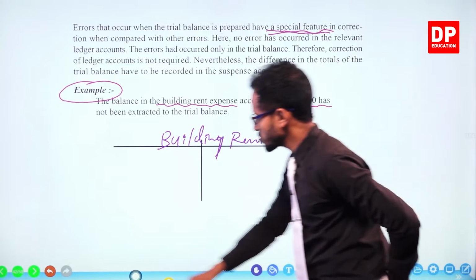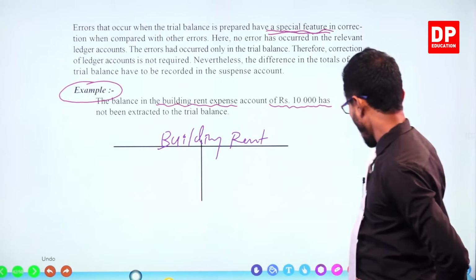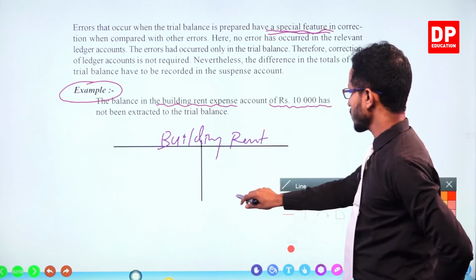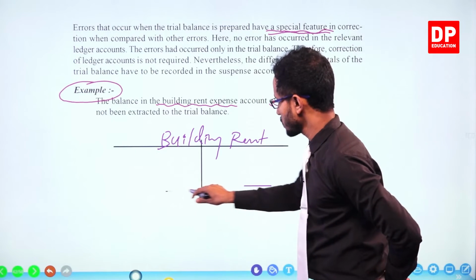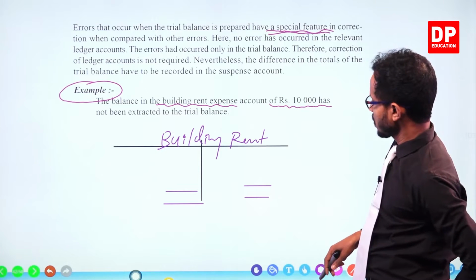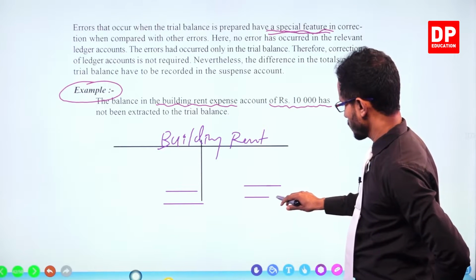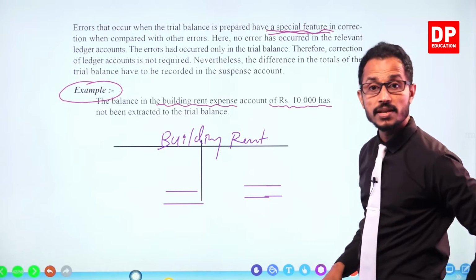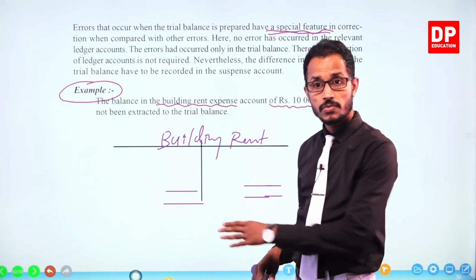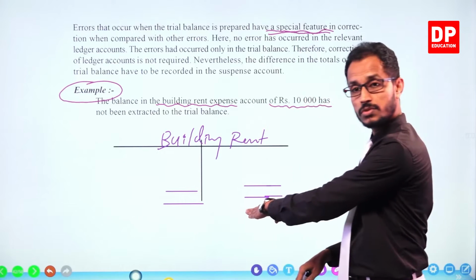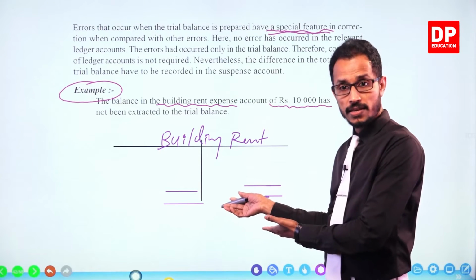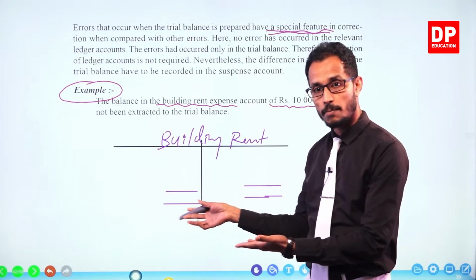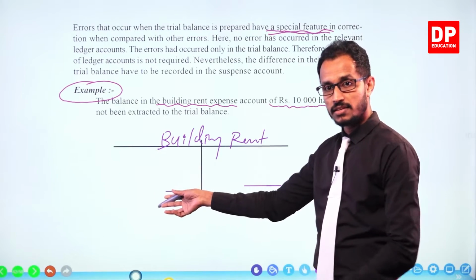In which side do you think the balance of this account should come? Debit side or credit side?